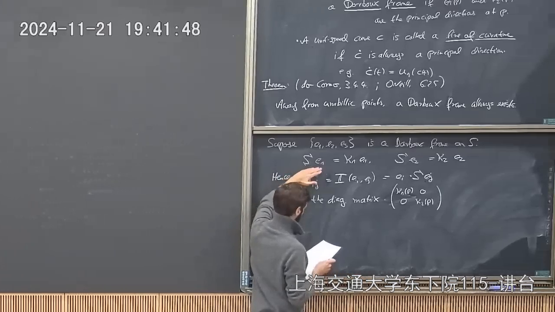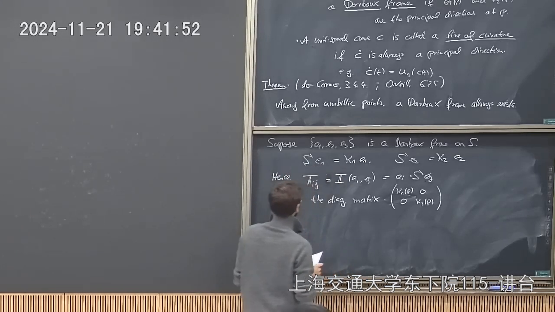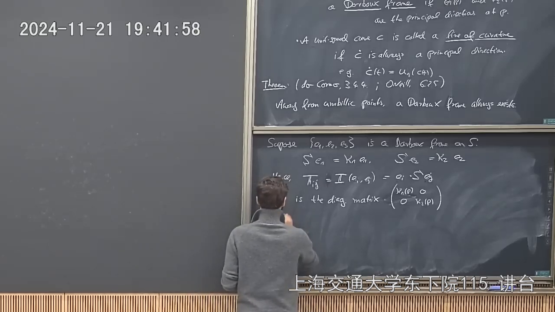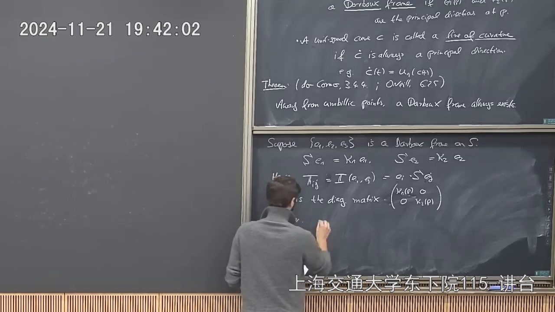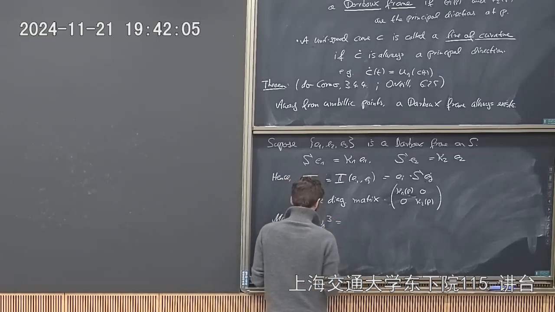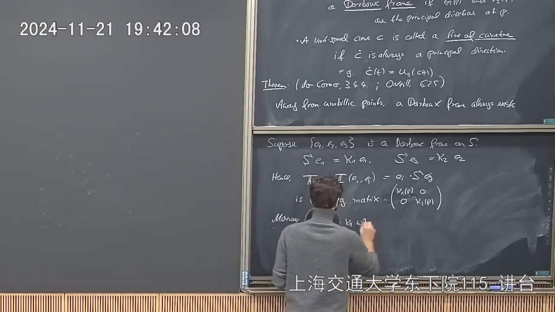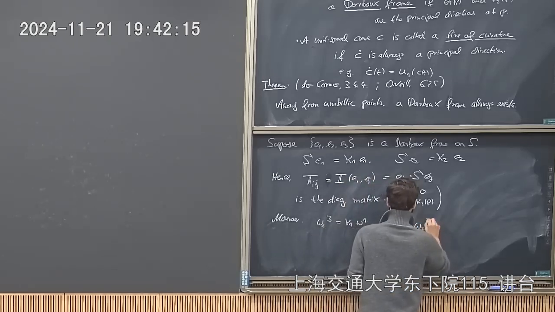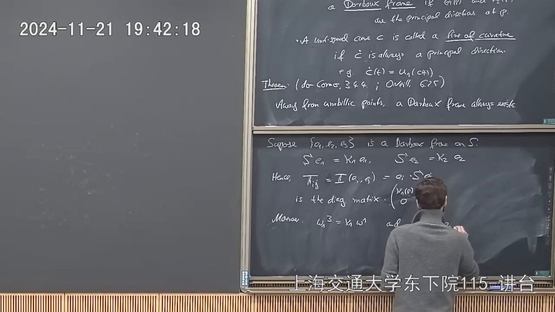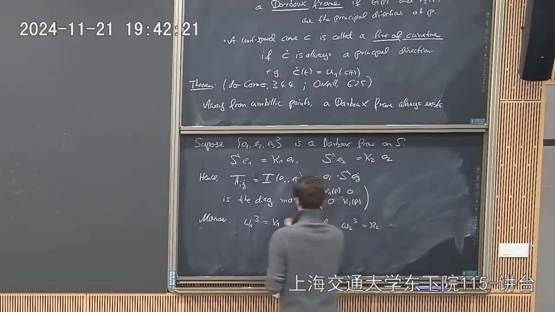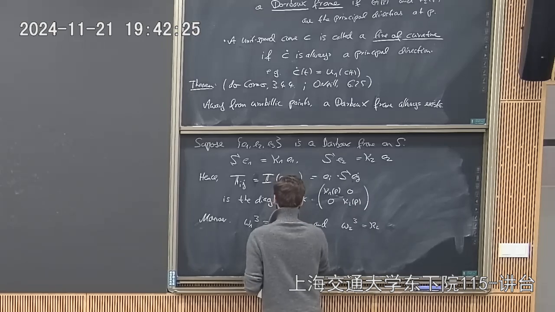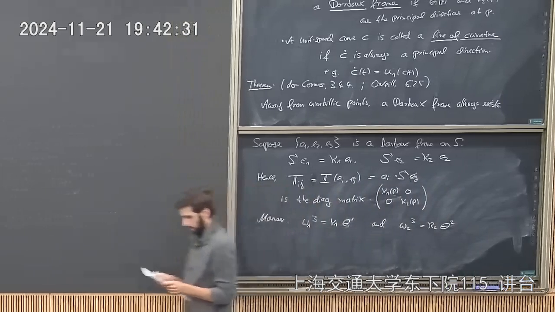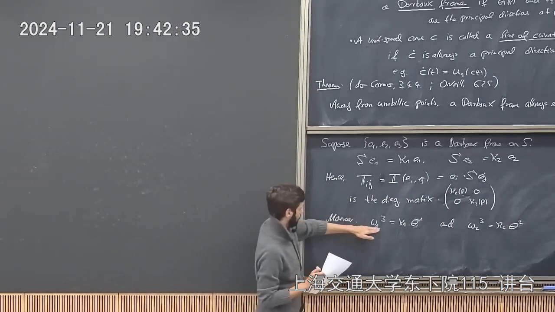And moreover, because we know that the connection forms are related to the shape operator, we also see that we can calculate these expressions for the omega 1 and omega 2.